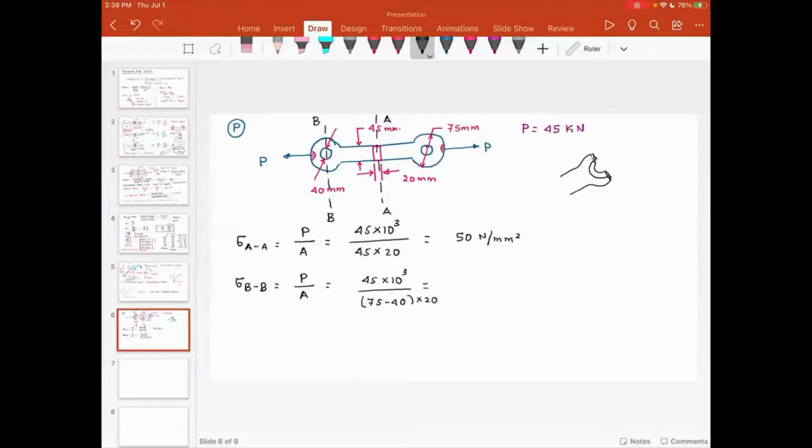This is the cross-sectional area, and I would encourage you to use your calculators. The answer that I have is 65 Newton per millimeter square. Any questions in this problem?